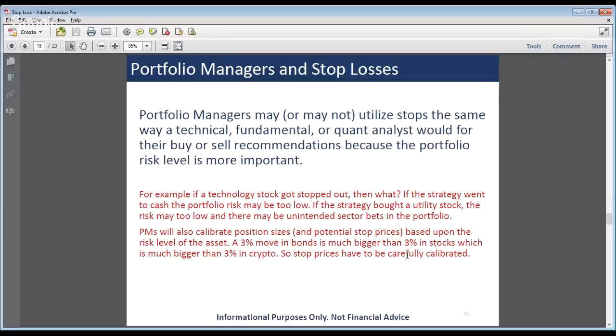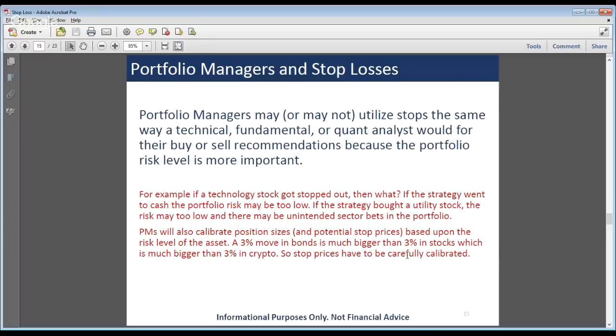And then portfolio managers also have to calibrate their position sizes very carefully, and also their stop losses. So the reality is all assets have different volatilities. Bonds are a lot less risky than stocks, which are a lot less risky than crypto.